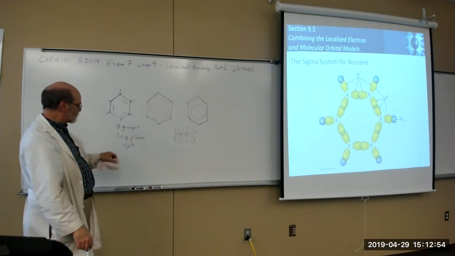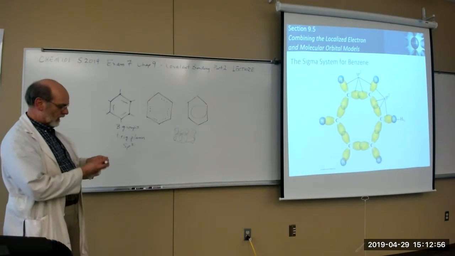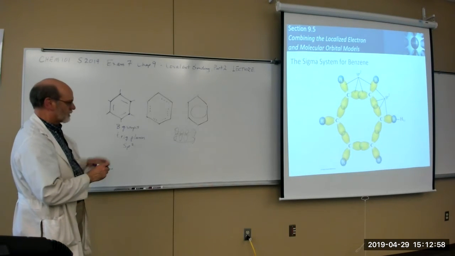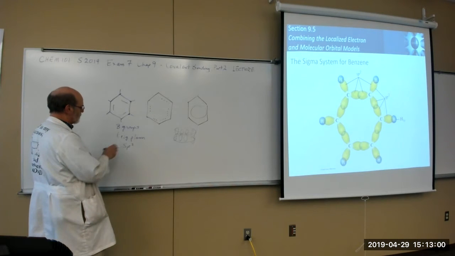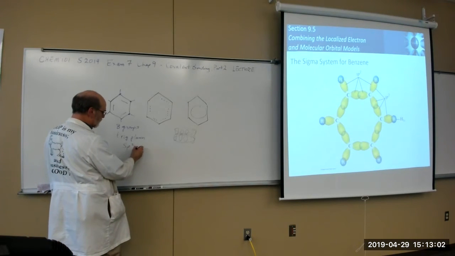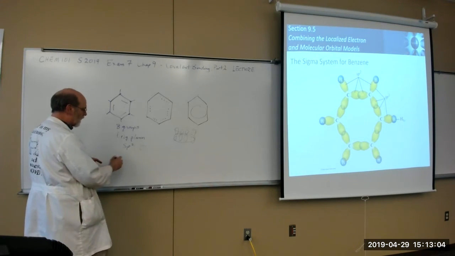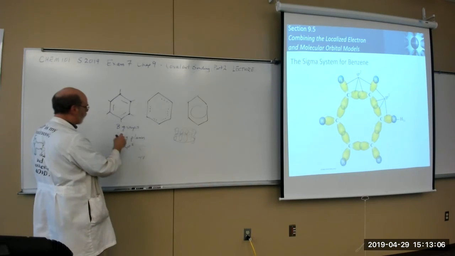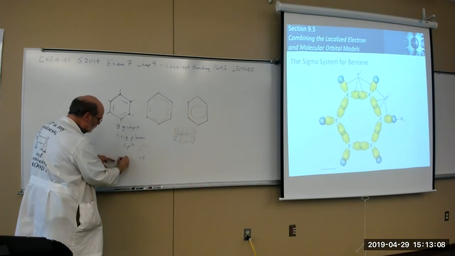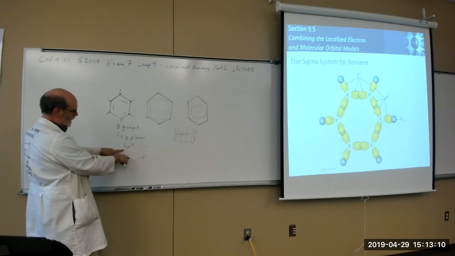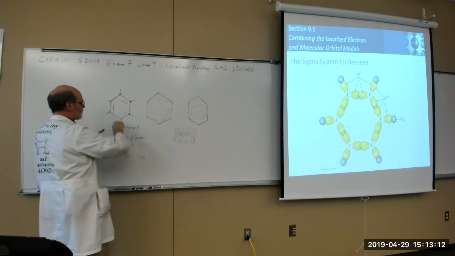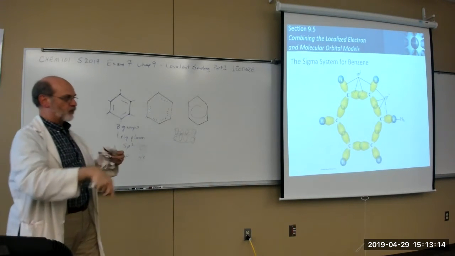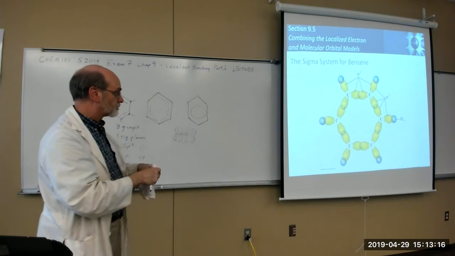And trigonal planar is interpreted with hybridization as sp2 hybridization. Right? So an sp2 hybrid orbital in the localized electron model explains this, and then that gives you all your sigma bonds. Then your pi bonds are formed by the unused p orbital, the unhybridized orbital, which overlaps with the electrons being spread out over the entire molecule.